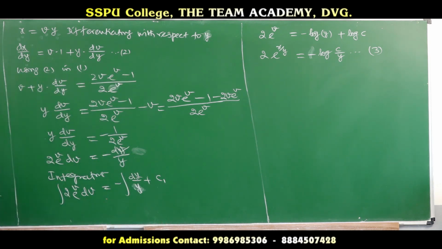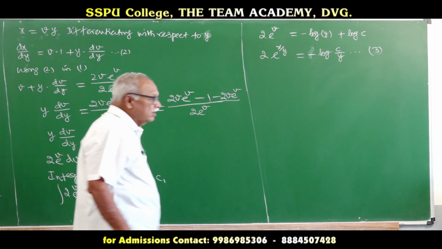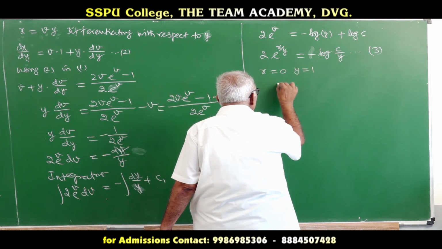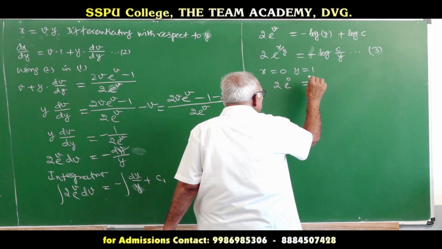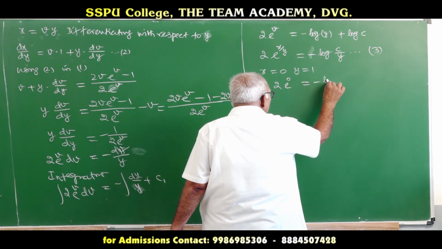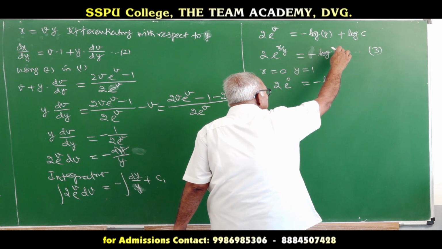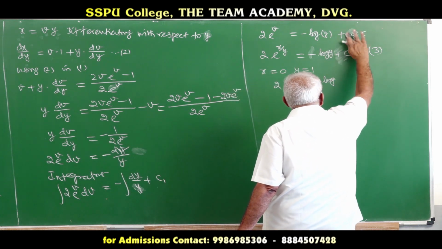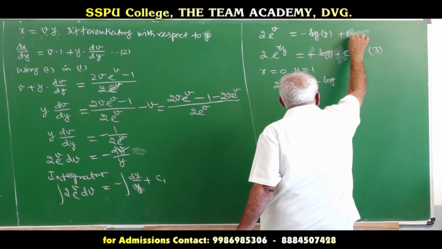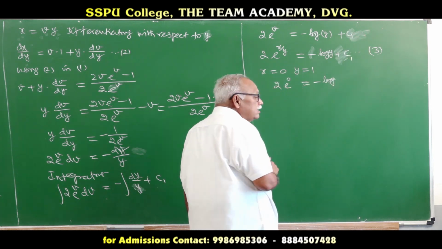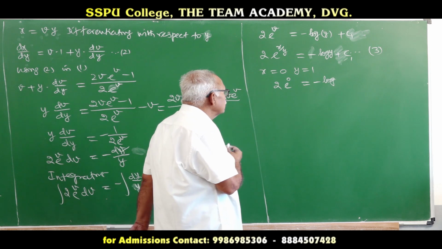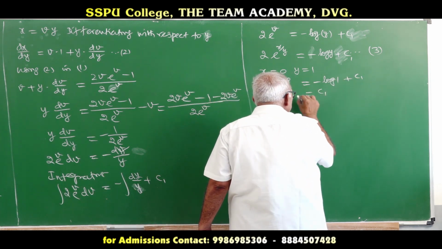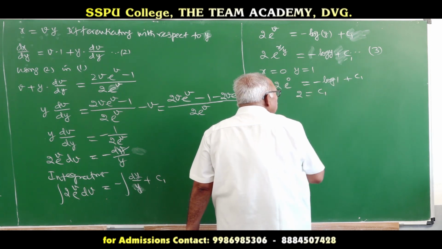X is equal to 0, y is equal to 1. Put x is equal to 0, y is equal to 1. 2 into e power 0 minus log y plus c1 itself. Let us calculate that. So, log y is equal to 1. So, 1 plus c1. So, c1 is equal to 2.